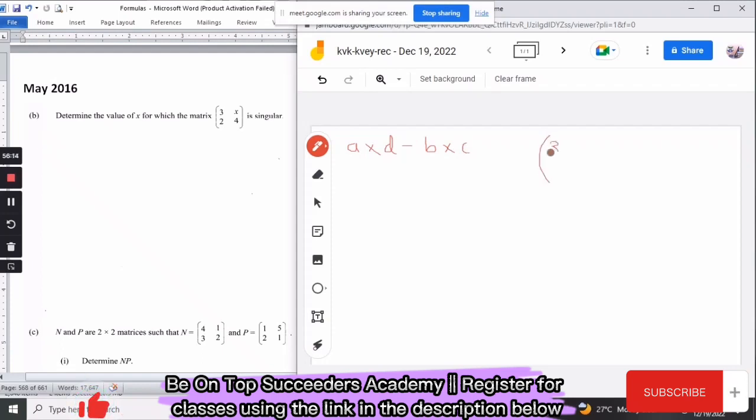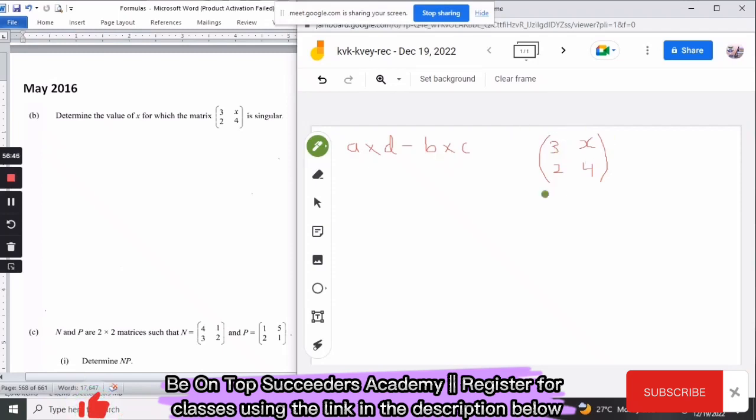This formula, A multiplied by D minus B multiplied by C, is what we're going to use to find the determinant of this matrix. Remember that in order for a matrix to be singular, its determinant must be 0. So since they said the matrix is singular, we are going to identify which numbers are A, B, C, D first, and then we will put them in the formula and set the equation equal to 0.